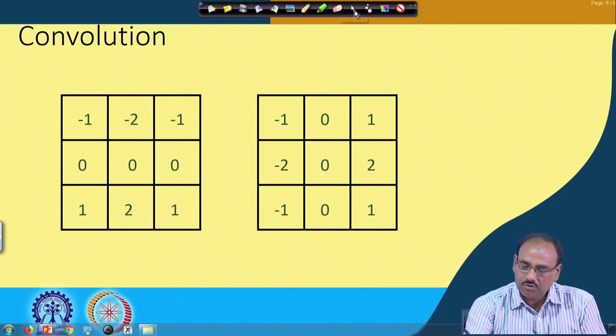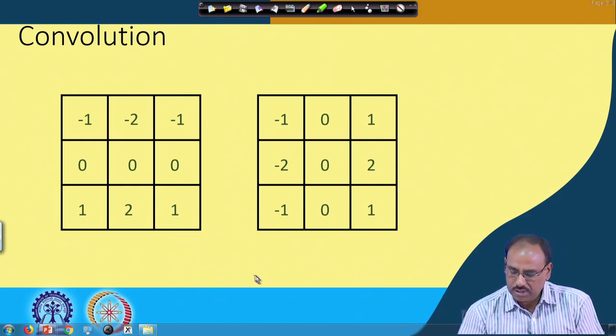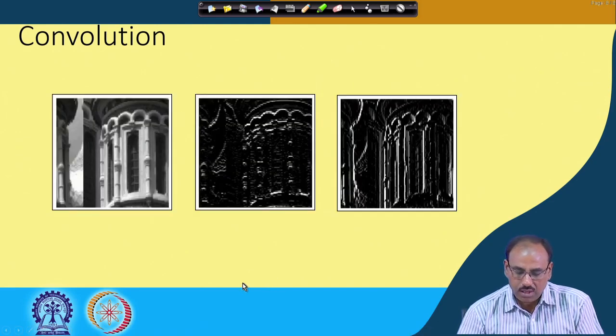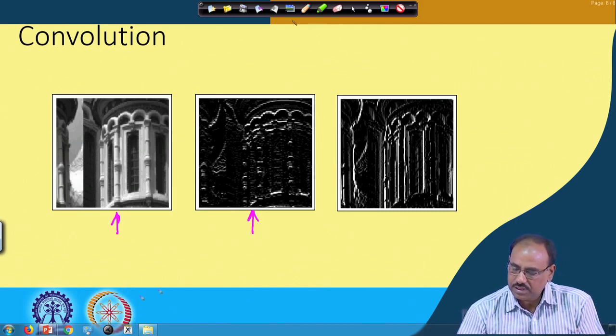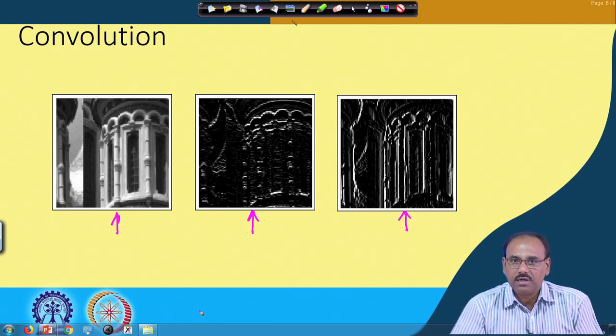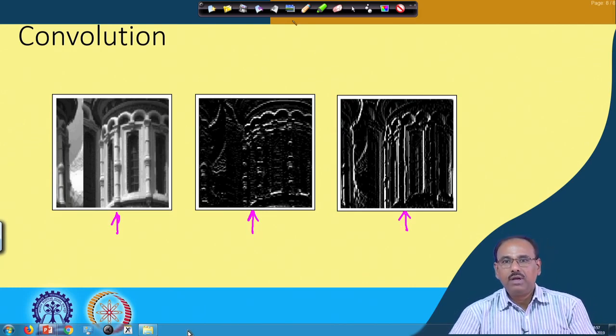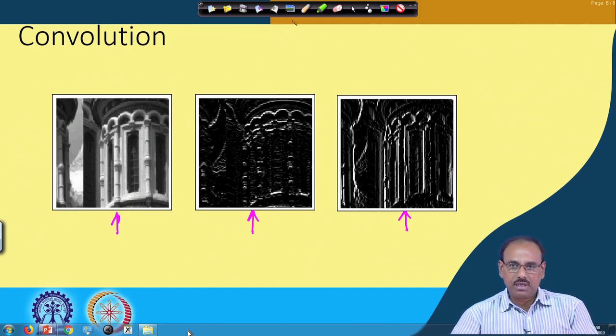When you convolve your input image with these convolution operators, what kind of output do we get? Given an input image of this form, this is the derivative in the vertical direction and this is the derivative in the horizontal direction. Obviously, when you take the derivative in the vertical direction, all the changes in intensity, or the edges present in the horizontal direction, will be highlighted.